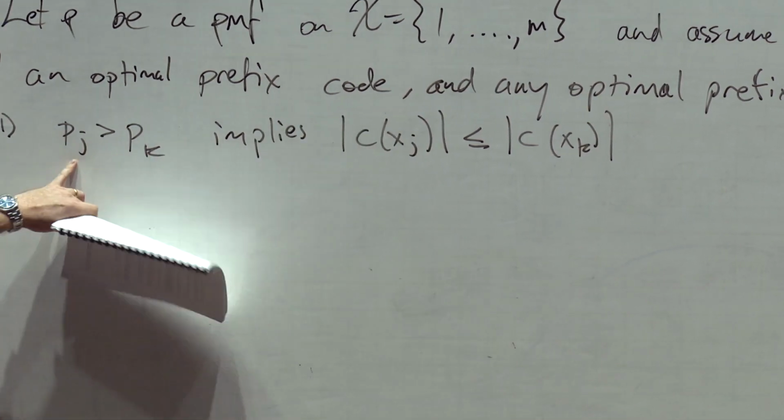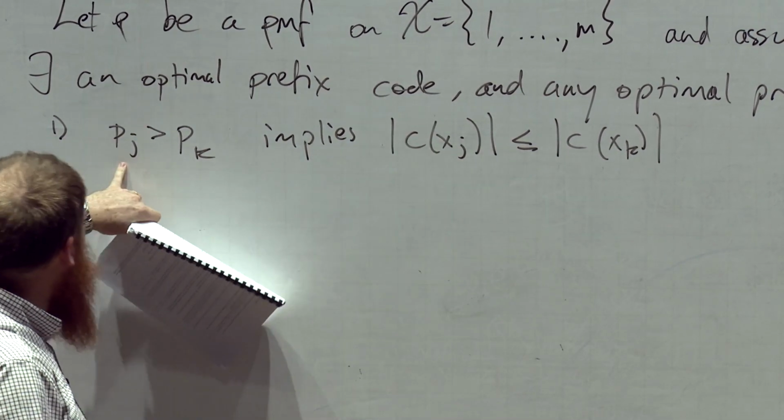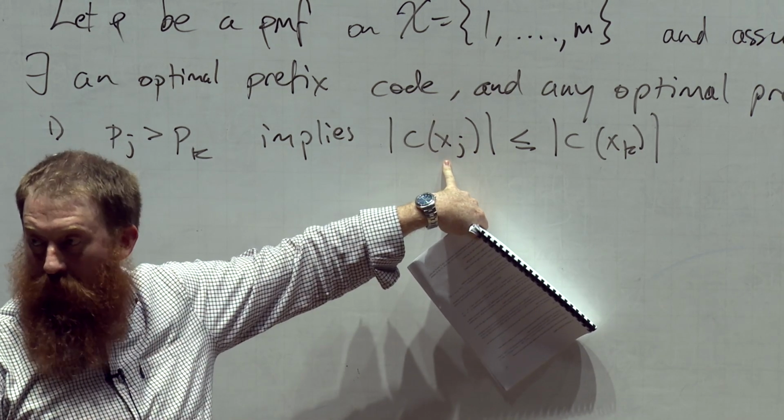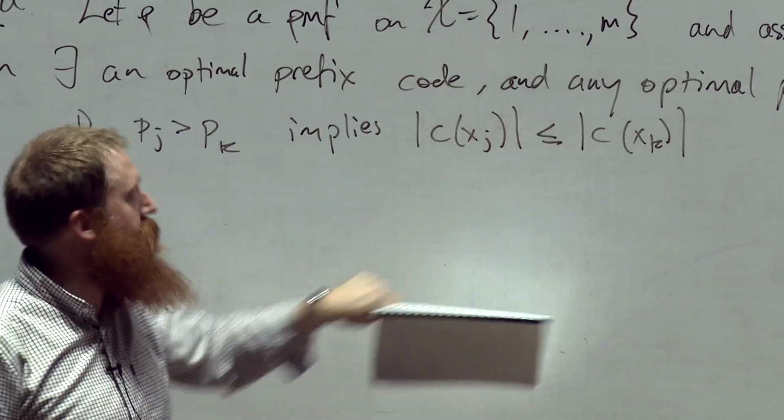So a more likely input has a weakly shorter code word length.